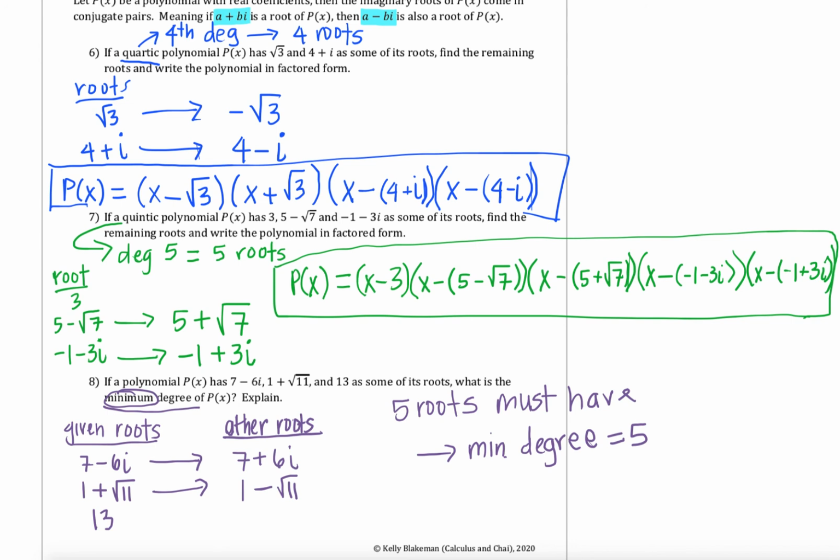But using the conjugate root theorem, any imaginary and any irrational root has to come with its conjugate. So for the 7 minus 6i, I have to have another root, and for the 1 plus the square root of 11, I have to have another root. Because of that, I have to have at least 5 roots, which means my minimum degree is equal to 5 then.